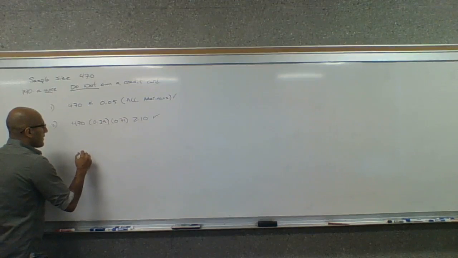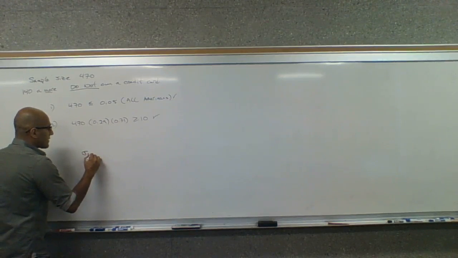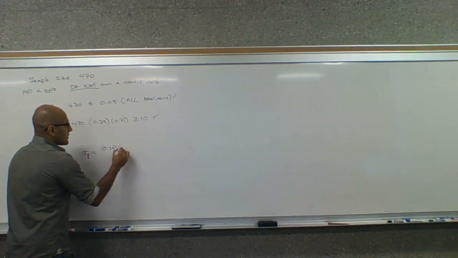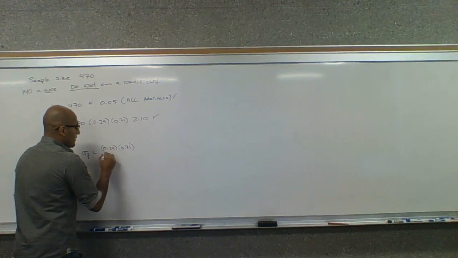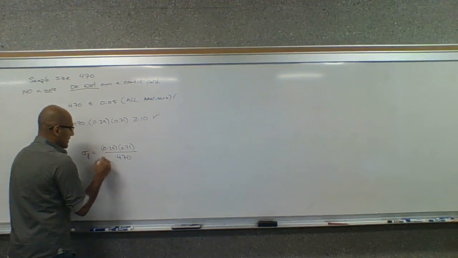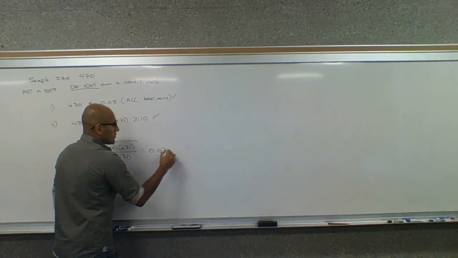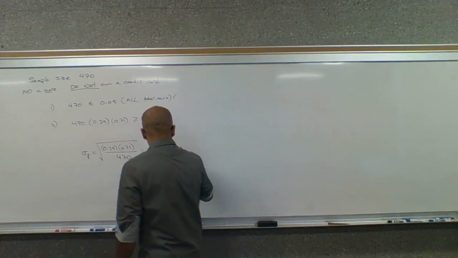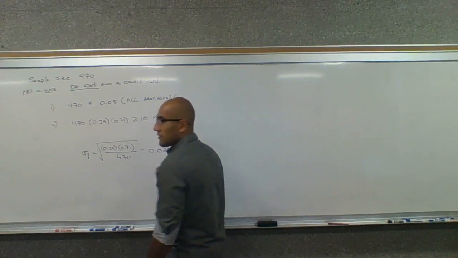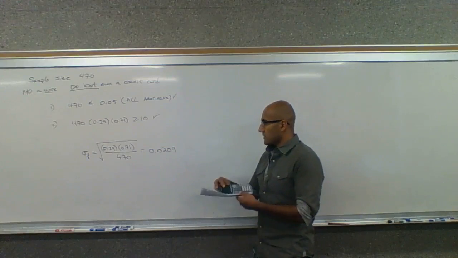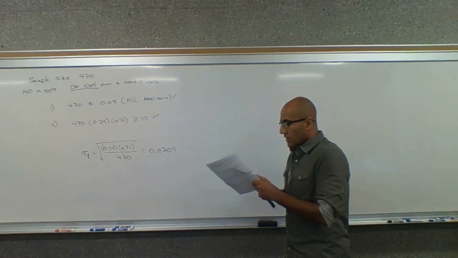So that new standard deviation of our distribution, sigma p hat, is going to be approximated by the square root of 0.29 times 0.71 divided by 470. We're still going to get 0.020, is it 9? Yes? Is that right? Yeah.